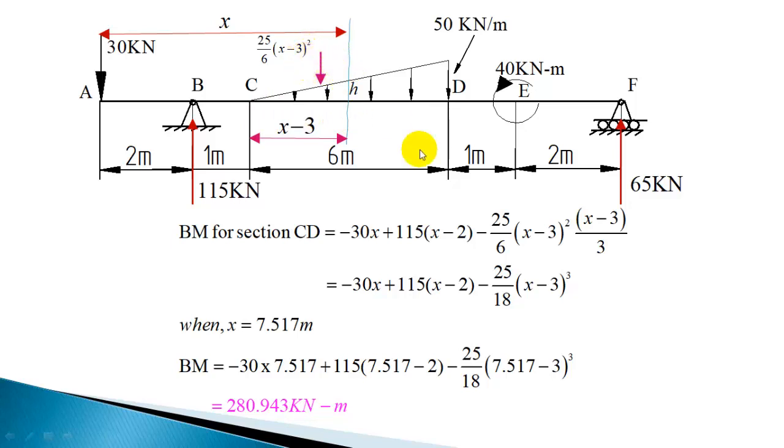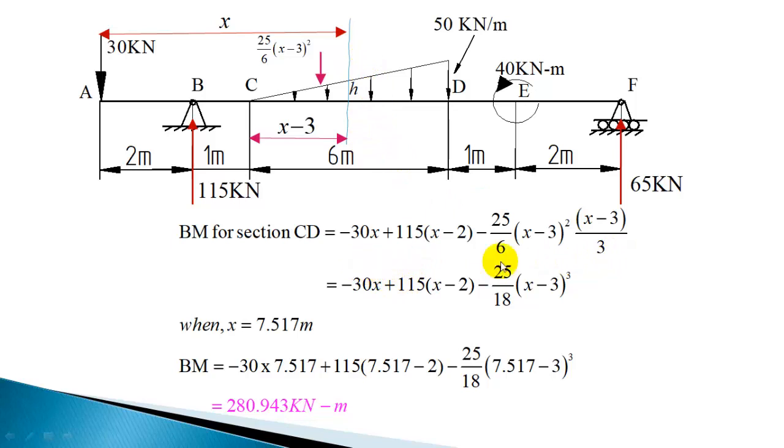The load is known, 25 by 6 into (x minus 3) square, into the distance (x minus 3) by 3. So that is producing a negative moment, so minus. So this will give the bending moment equation for that section.